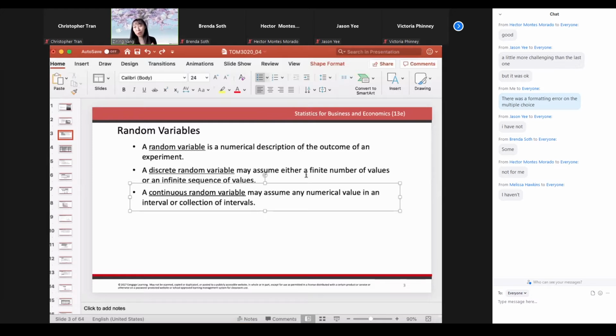Wanted to see if you understand the concept. Can anyone give other examples of a discrete random variable?